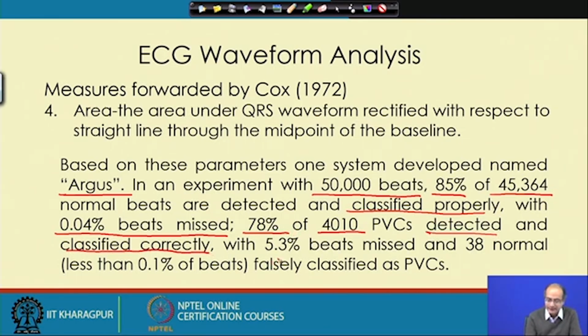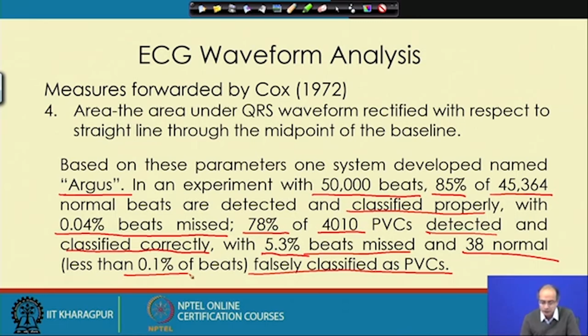And 5.3% beats are missed and 38 normal beats are falsely classified as PVCs.